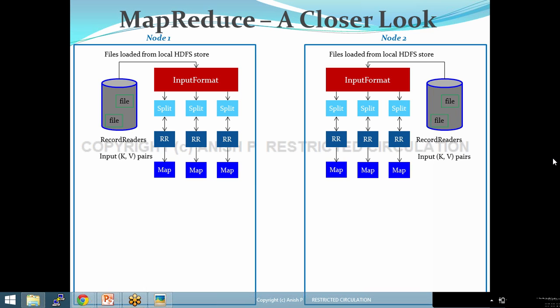Chetan, input format, not input split, is the unit of work. Shiva is asking if input format is XML, does it also read line by line and generate key value pairs. No Shiva, how can I read XML line by line? I need to read XML tag by tag.